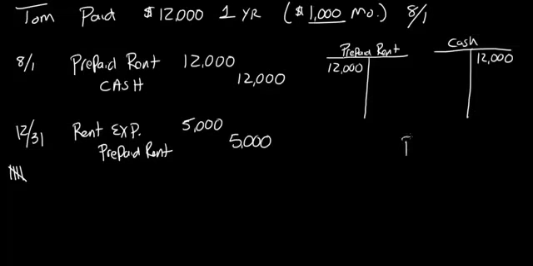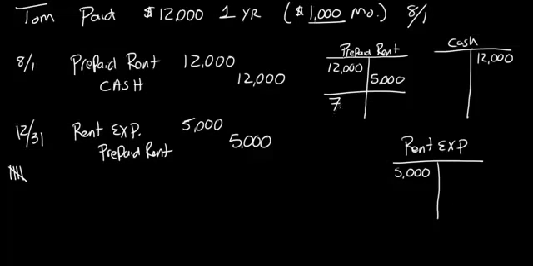And so let me put my rent expense T account over here. So I would have a debit balance in rent expense of $5,000. I would credit prepaid rent for $5,000. And my balance at the end of the year would be $7,000 in prepaid rent. Okay, and this is what would happen if everything was done correctly.